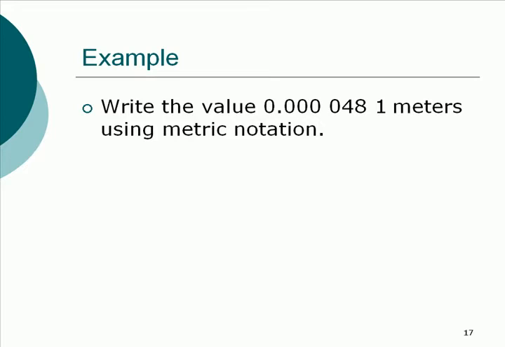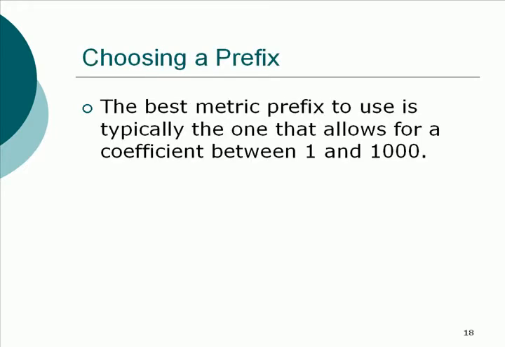Okay, let's do a couple more where we've got some scientific and engineering notations mixed in. Now, there's a term that you're going to stumble across periodically, and that is the best metric prefix, or the most appropriate metric prefix. That is the prefix that allows you to express your number, or the coefficient, staying between 1 and 1,000, just like engineering notation.